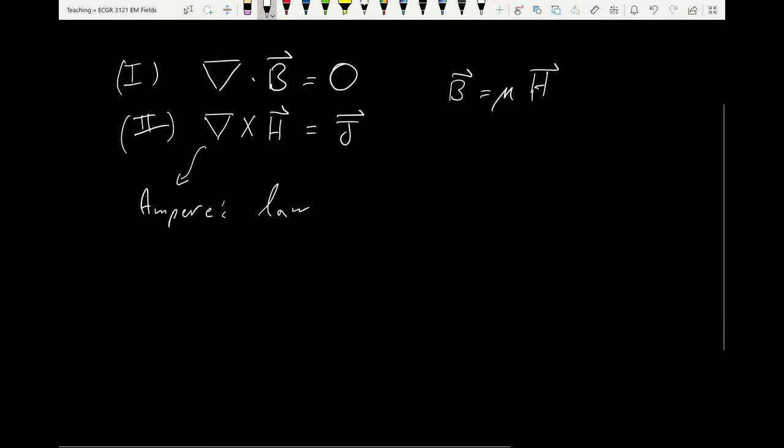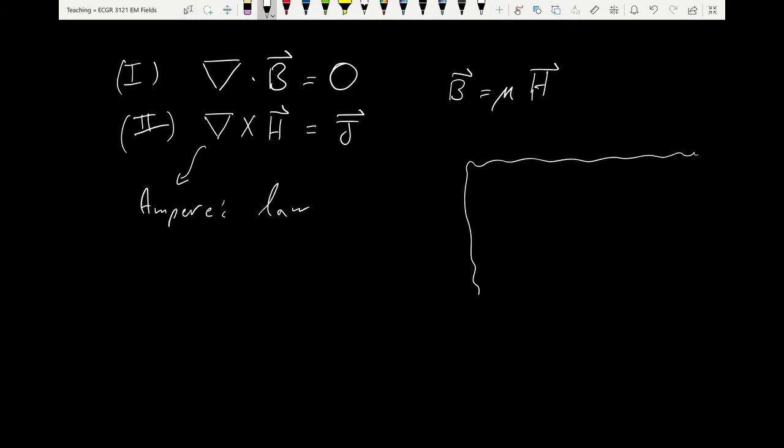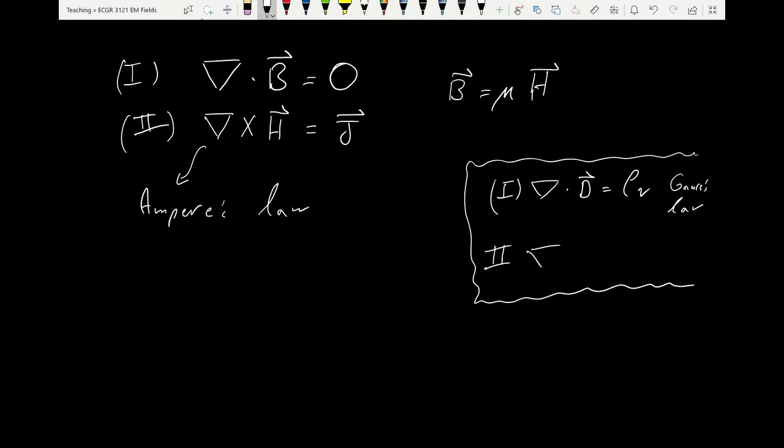Okay, and then we contrasted this with the postulates that we proposed for electrostatics, which are the following: the divergence of D equals rho v. This is Gauss's law. And then the curl of the electric field intensity E is 0, and the divergence of the electric flux density D is rho v.